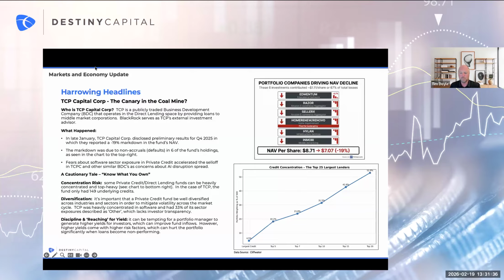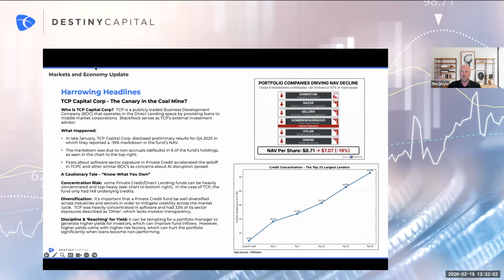On the bottom axis you see the number of holdings: top 5 holdings, top 7, top 10, top 15, and top 20 holdings. And as you see, for most of these funds, on average, the top 5 holdings comprise roughly 18.2% of the entire fund's NAV.